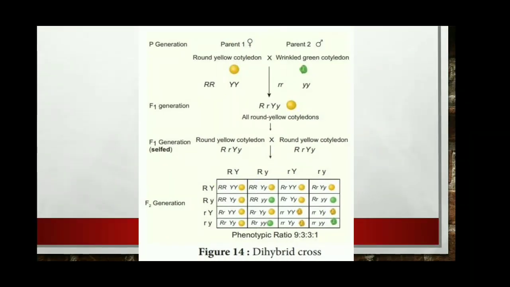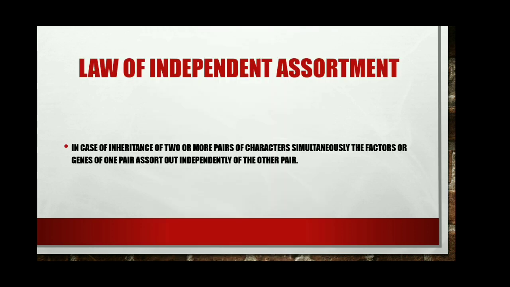During gamete formation, they separated and joined with other genes. With this, Mendel formulated the second law of inheritance, that is the law of independent assortment.